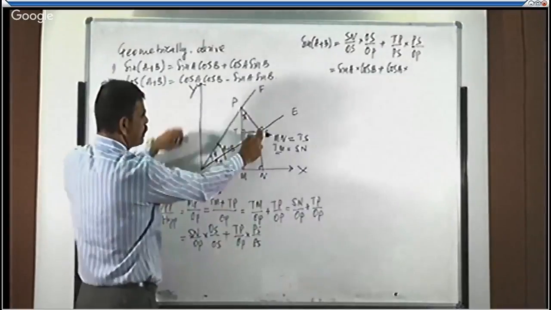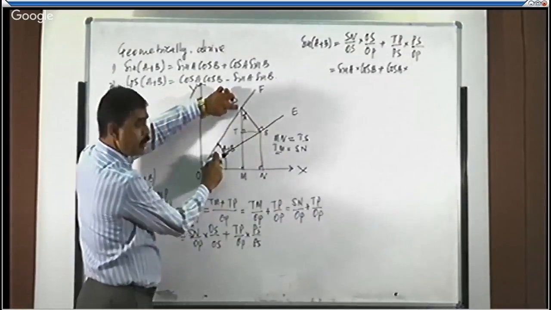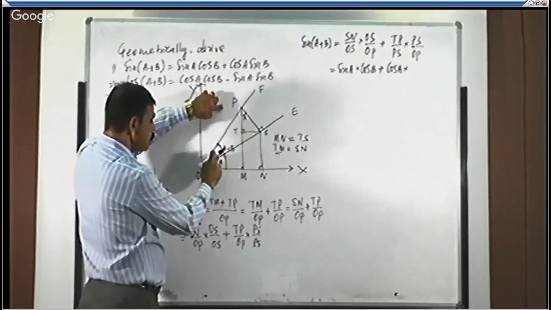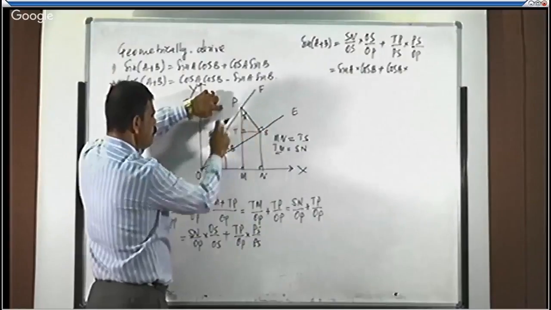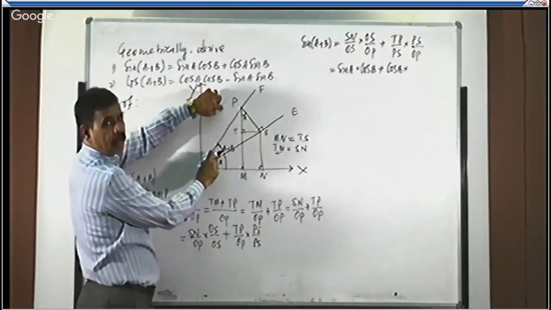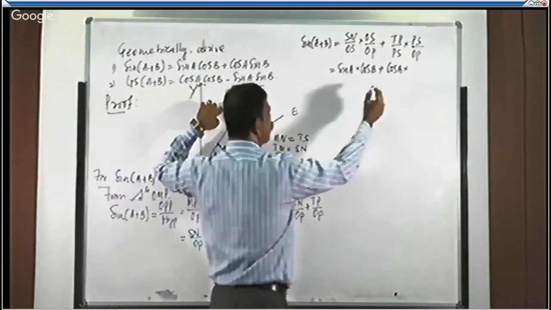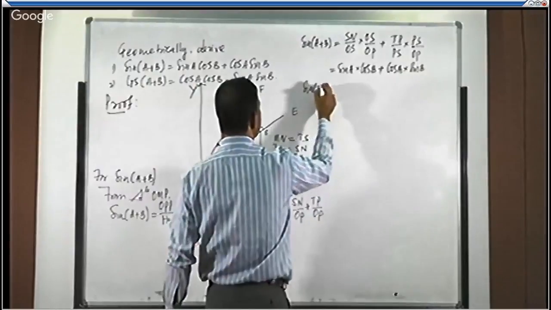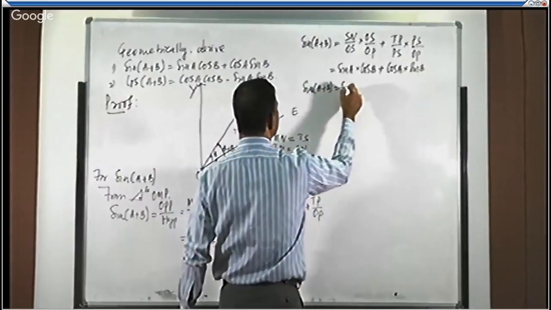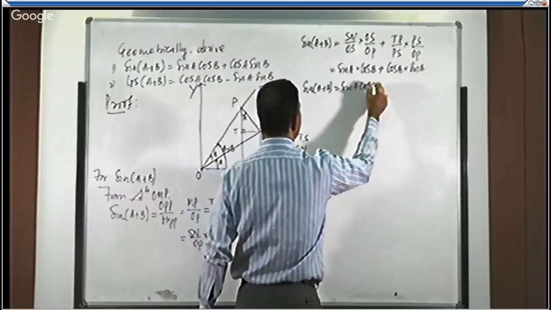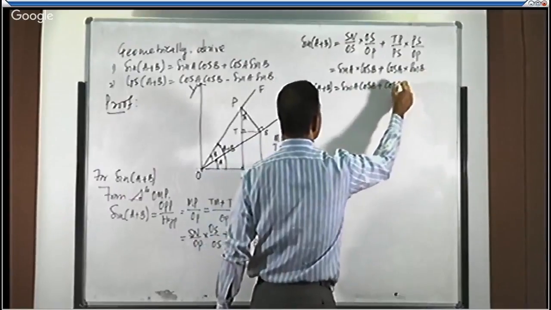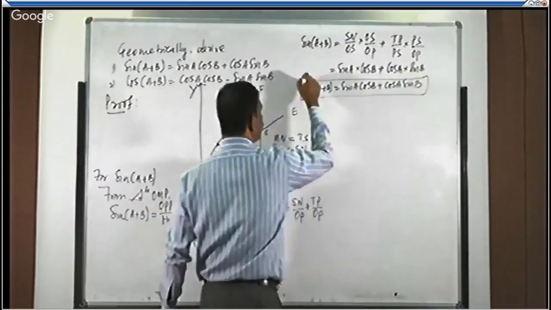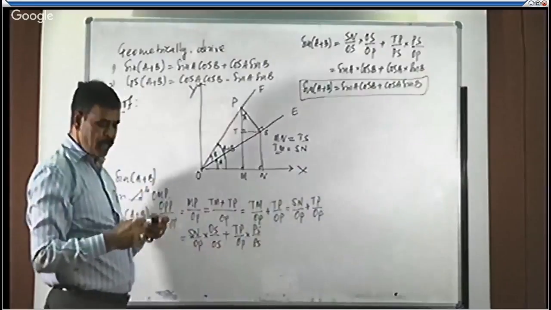PS is the opposite side to the angle B, and OP will be the hypotenuse side of angle B. Opposite side by hypotenuse side is sine of angle B. Is it right? Sine B. So we got the relation: sine of A plus B is equal to sine A cos B plus cos A sin B.